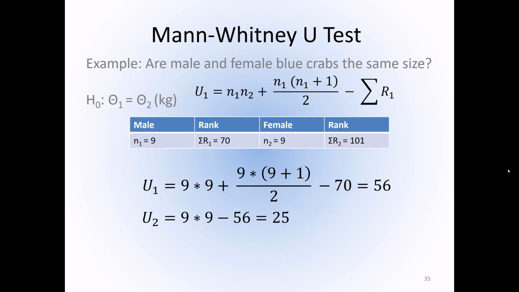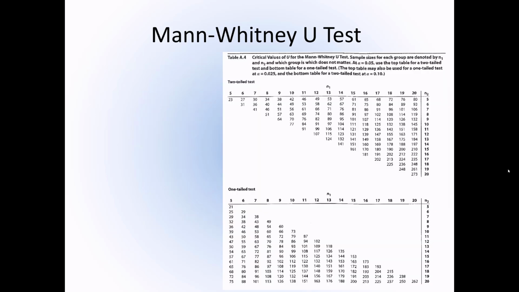So we're going to use the following test statistics as well as our sample sizes to determine if there is some type of statistically significant difference in these crabs. We're going to do so using a new statistical table, this Mann-Whitney U test table. What you'll notice here is we've got a table for two-tailed tests and a table for one-tailed tests.